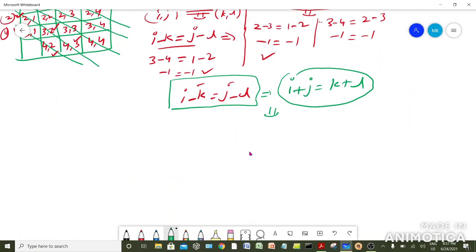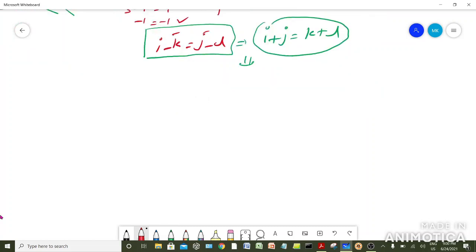Done. Now we wish to have a combined expression out of this. So how to write that? Now try to adjust this expression and write it as j minus l is equal to k minus i. Can we write this?